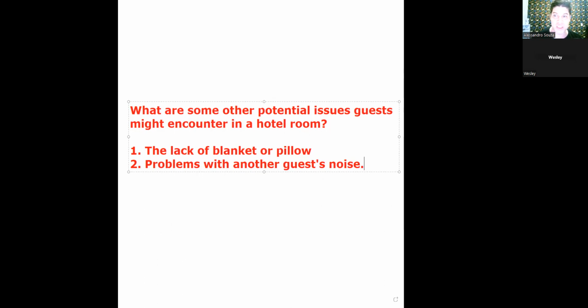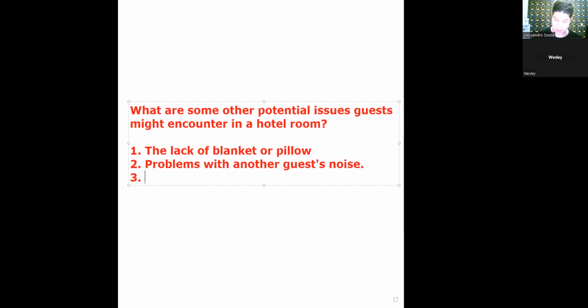Noise é o substantivo barulho. Agora, o adjetivo barulhento é noisy. That's so noisy. Yeah, it could be another problem.